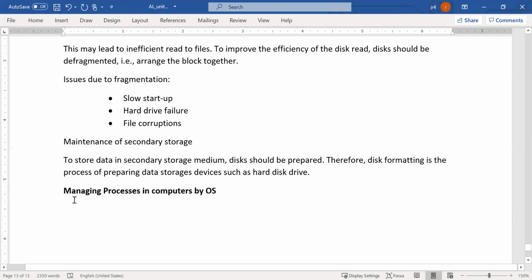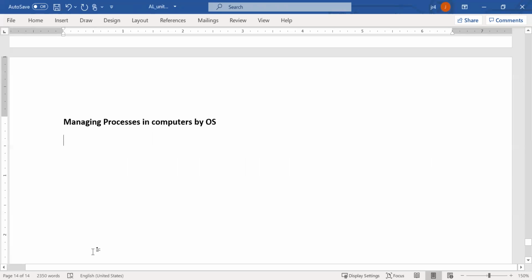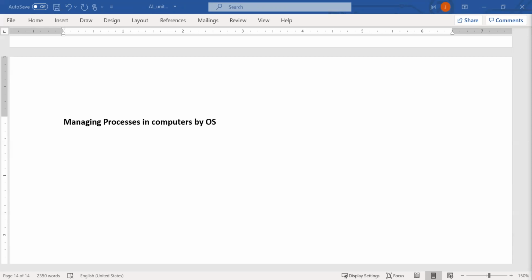Right. So let's look at managing processes by the operating system. First, we need to discuss what a process is.